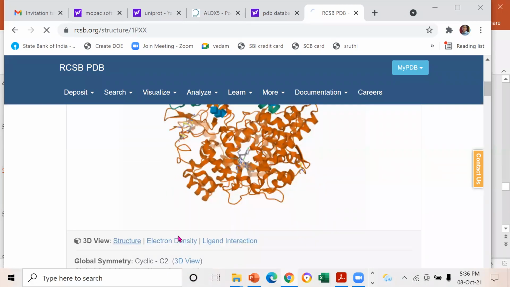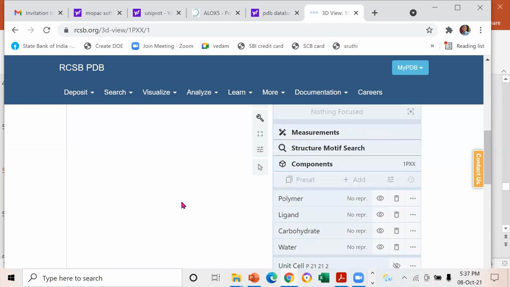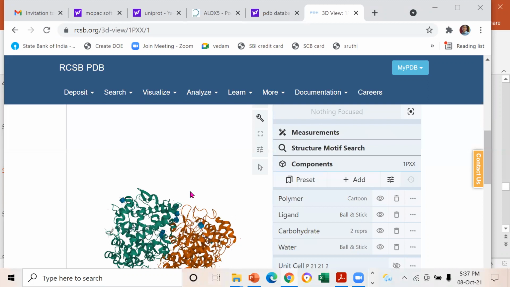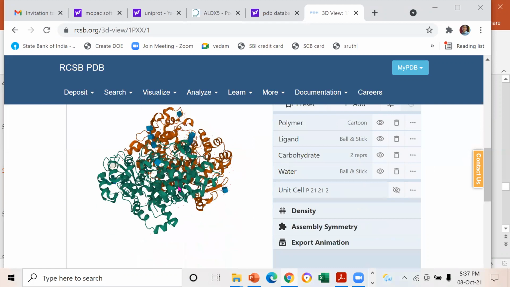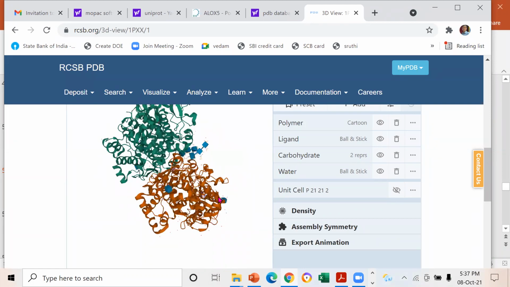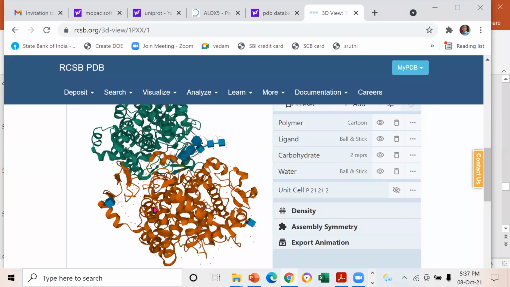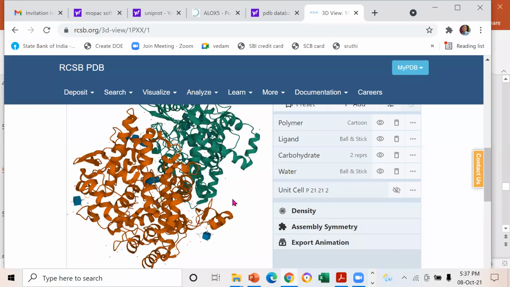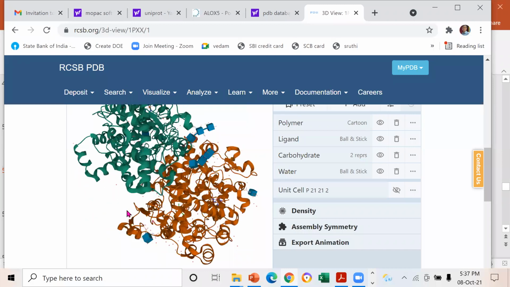You can look at the 3D structure. This is the enzyme cyclooxygenase 2. I think it's a dimer, so it has two chains.